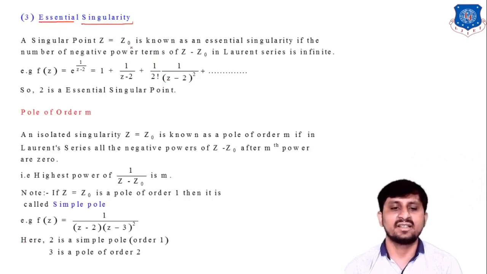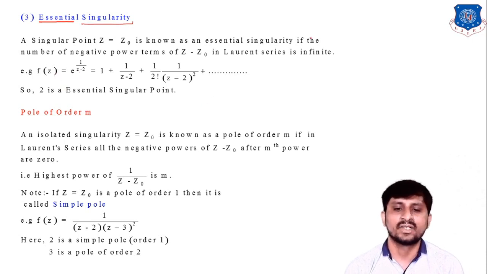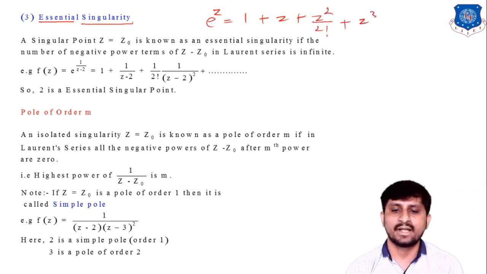A singular point z is equal to z0 is known as the essential singularity if the number of negative power terms of z minus z0 in Laurent series is infinite. Clear? Let's try to understand this concept with one example. f of z is equal to e raised to 1 upon z minus 2. Now we know that the series of e raised to z is 1 plus z plus z square by 2 factorial plus z cube by 3 factorial and so on.